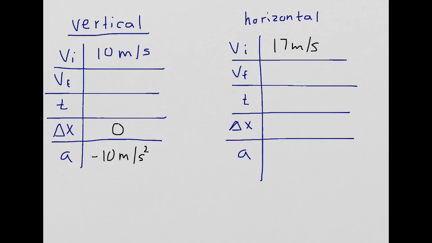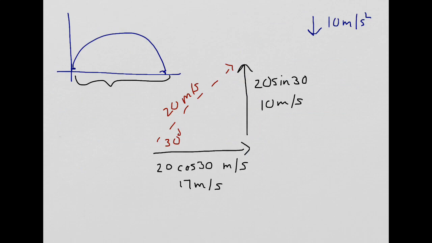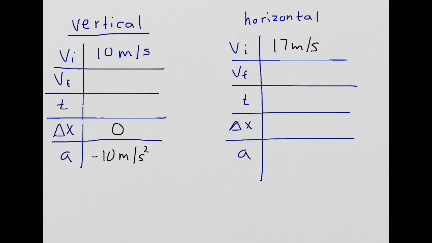I'm going to skip final velocity and come back to it. We don't know the time. We don't know displacement. Remember that displacement in terms of the horizontal is this distance, which we don't know. Okay. And then acceleration. The acceleration with respect to the horizontal is actually 0. And that's because gravity only works in the up and down direction, not side to side.